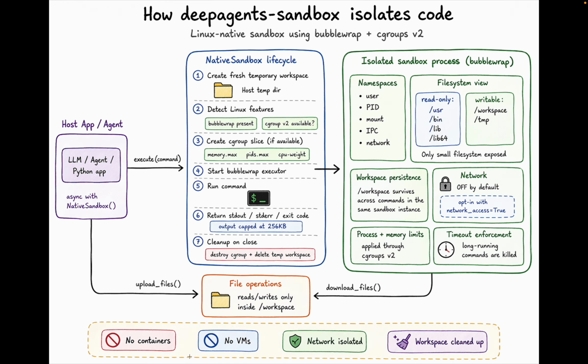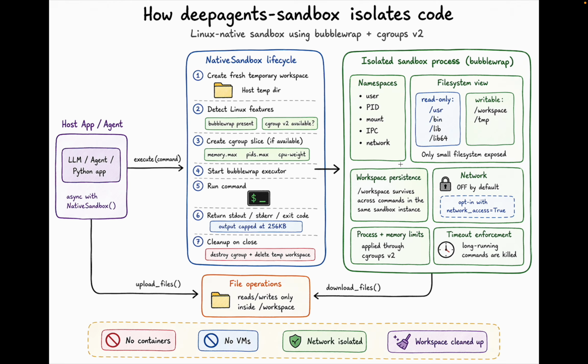It uses bubblewrap, which is also used by Codex for isolating environments. Bubblewrap uses simple Linux kernel primitives for creating isolated environments using namespaces. These are the 5 flags which I'm using with bubblewrap for isolating it.